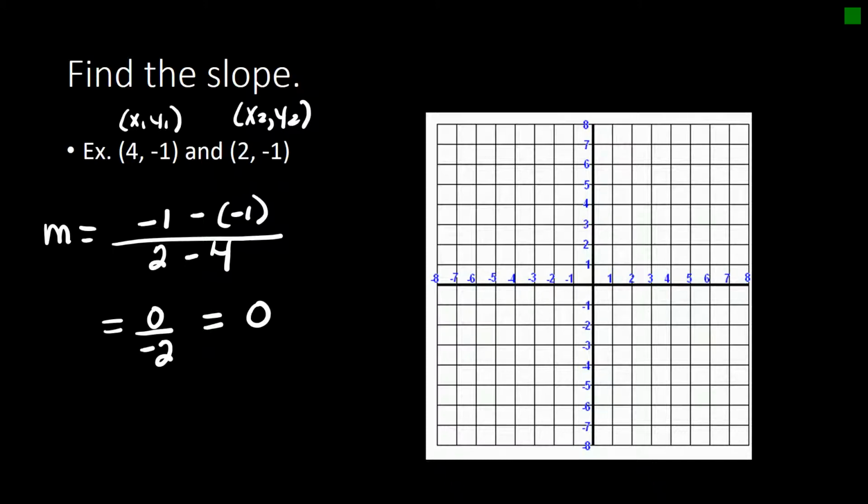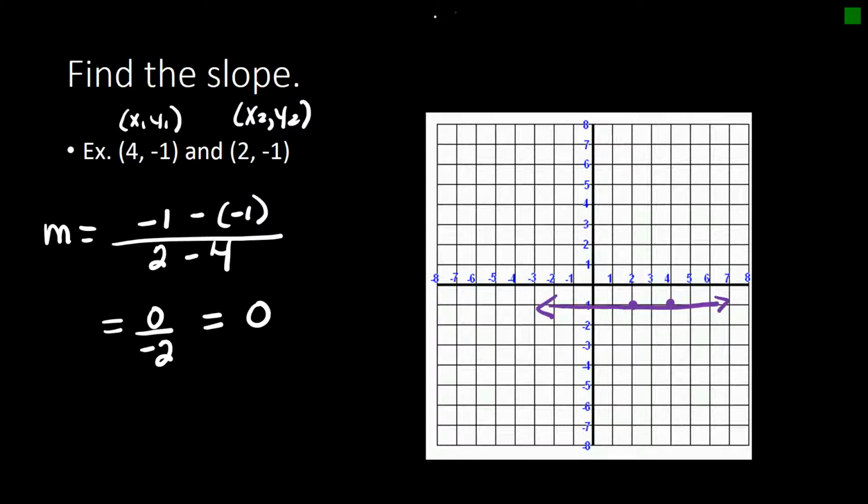If we plot these points, we have 4, negative 1, and we have 2, negative 1. So what we have here is a horizontal line. So it's a horizontal line going through negative 1.